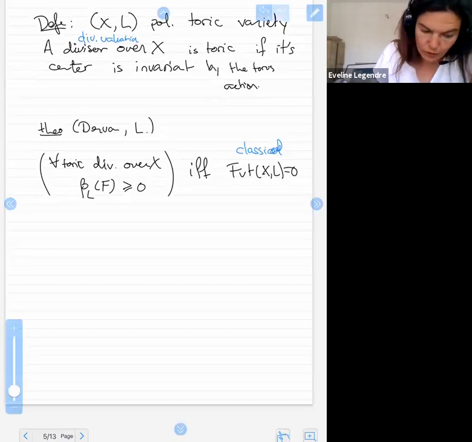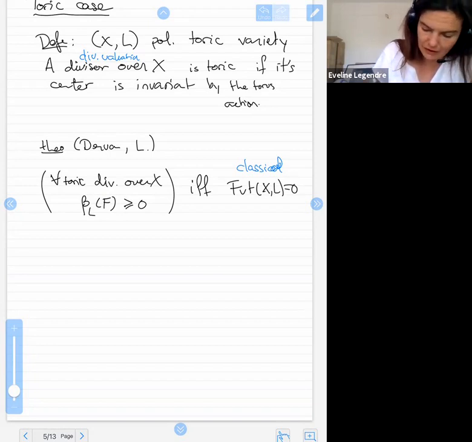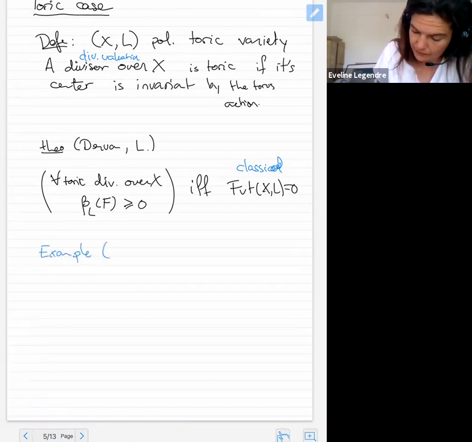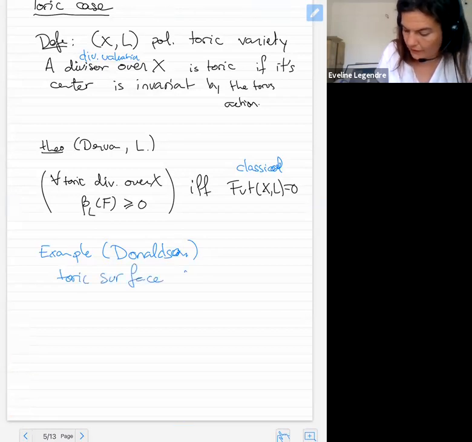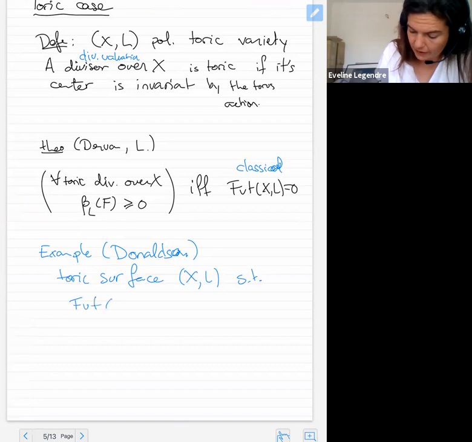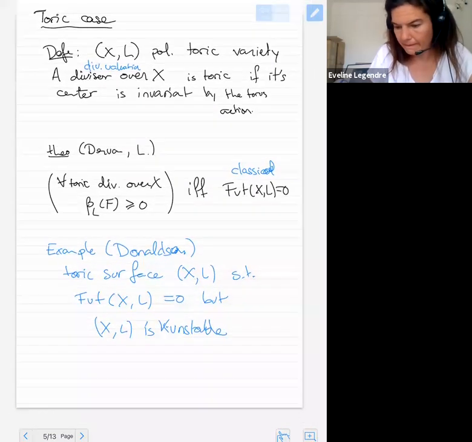And so the reason why we think that relative stability is not enough, or at least equivariant stability is not enough, is an example due to Donaldson of a surface, actually a toric surface, X_L, such that the classical Futaki invariant is 0, but actually X_L is K-unstable.